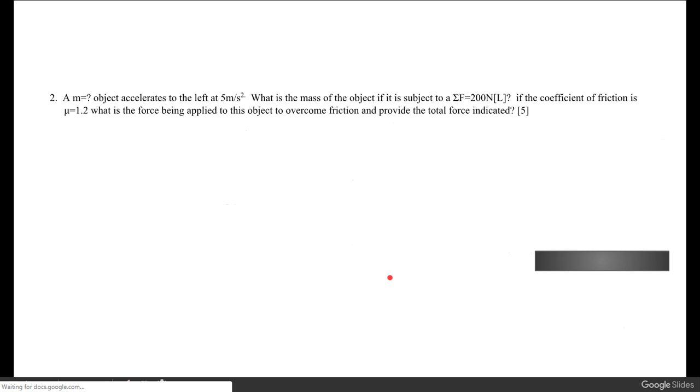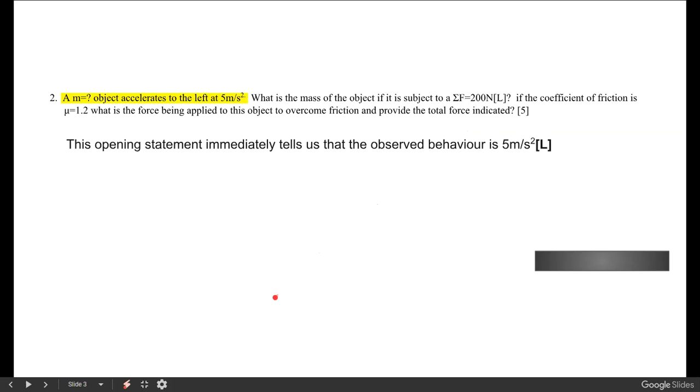That's a little hefty. An object of unknown mass accelerates to the left at 5 meters per second squared. What is the mass of the object if it's subjected to a 200 Newton force to the left? Okay, the opening statement immediately tells us we have an observed behavior that is related to the total force. All we need to know is the mass, and we can get that total unbalanced force.